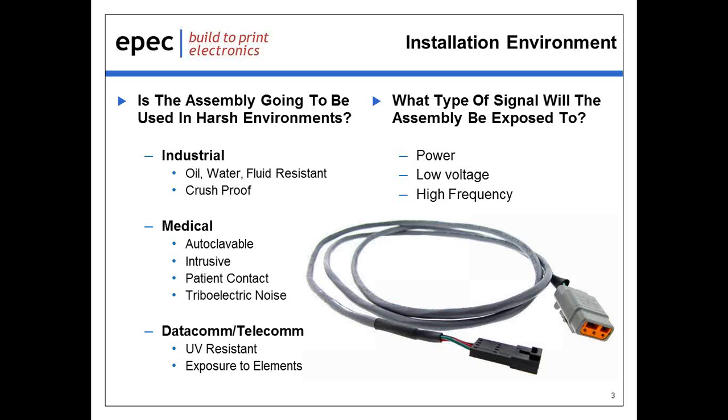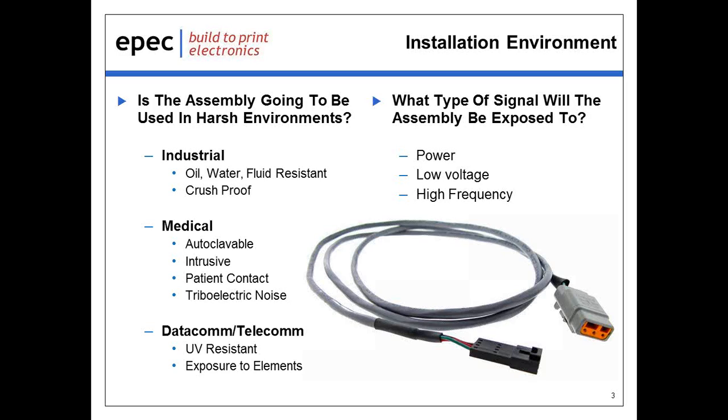The type of signal the cable will carry has an impact on the design as well. If the assembly is going to be used to carry power, we need to consider what type of ampacity the assembly will need to withstand. How much current should we allow for the cable or the assembly to carry?